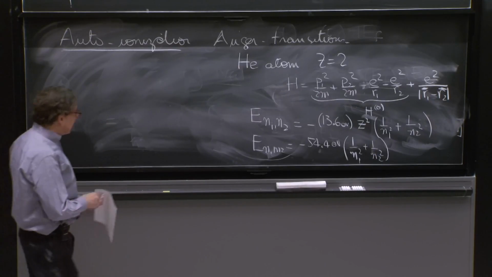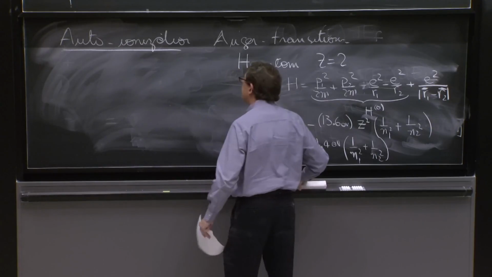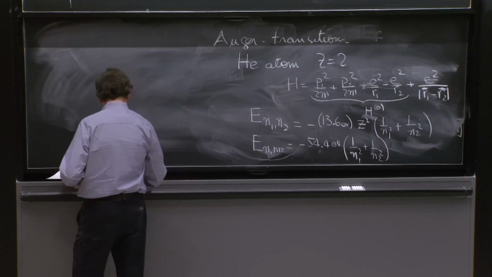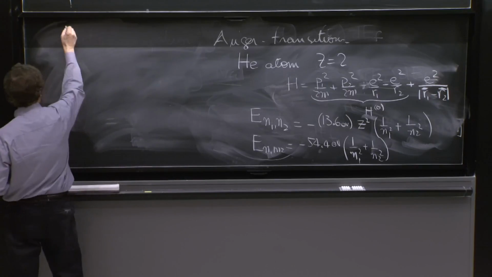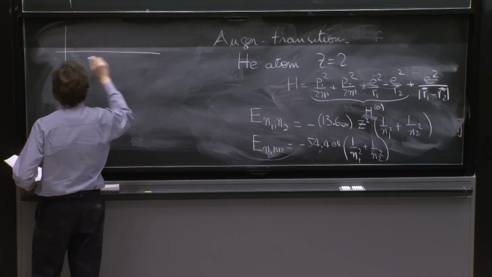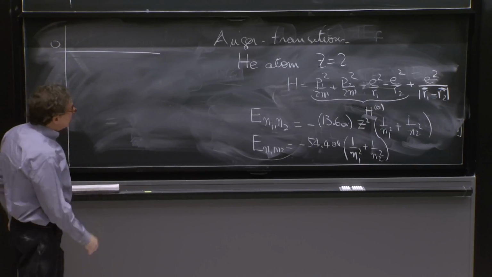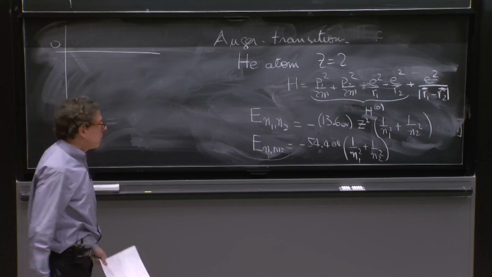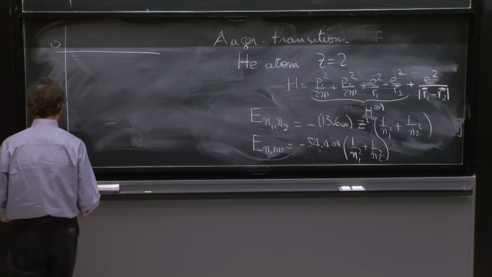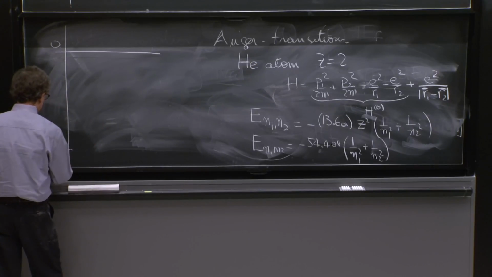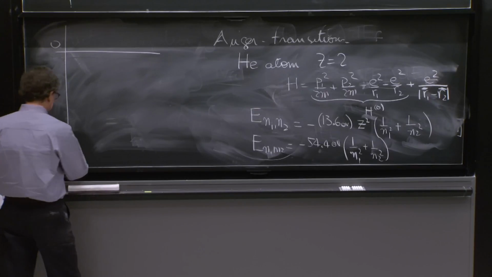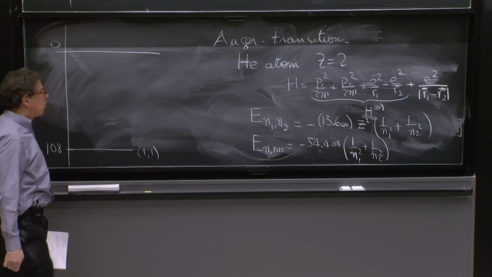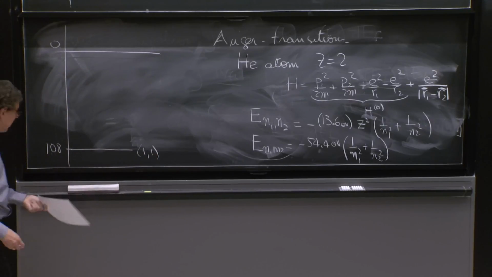Let's look at the spectrum of this atom. So let's draw a line here, put 0 here. Ground state: n1 equals n2 equals 1. The ground state is at minus 108.8 eV, and that's a state that we call state (1,1), for the two quantum numbers being 1 and 1.